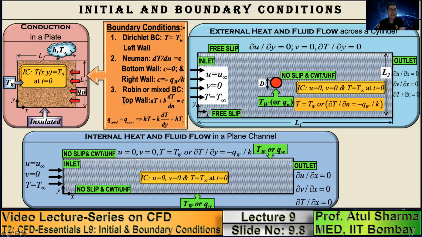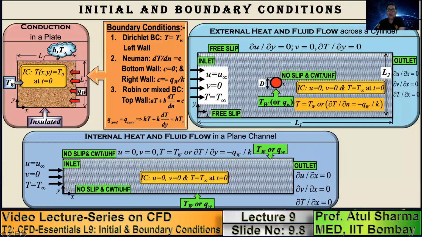So with this, I had discussed the initial and boundary conditions starting from conduction to an external flow problem and finally going to the internal flow problem. For external as well as internal problems, note that the common boundary conditions are the inlet and outlet, whereas for the top and bottom wall, we have a no slip boundary condition in an internal flow, whereas in external flow, we have a free slip boundary condition.